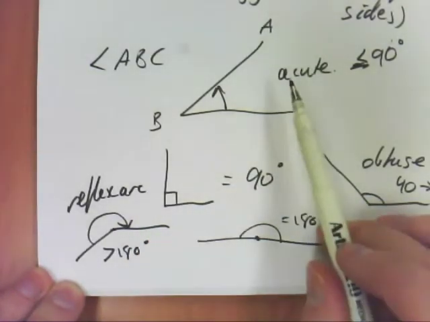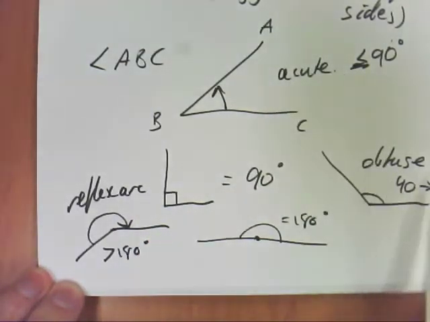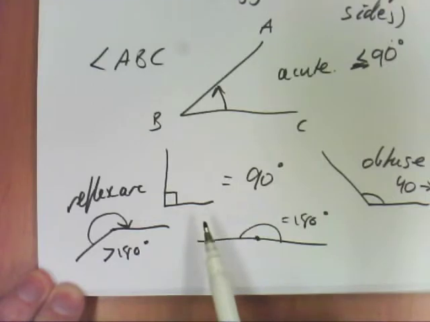So acute angles are less than 90, obtuse angles between 90 and 180, reflex angles greater than 180. And there are special angles for 90, which is called a right angle, and a straight angle is 180.